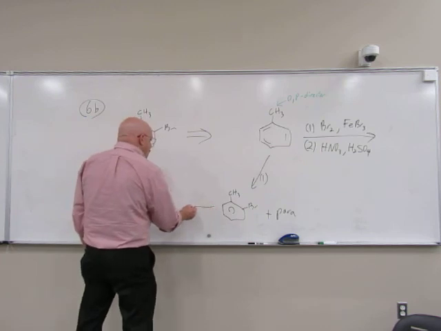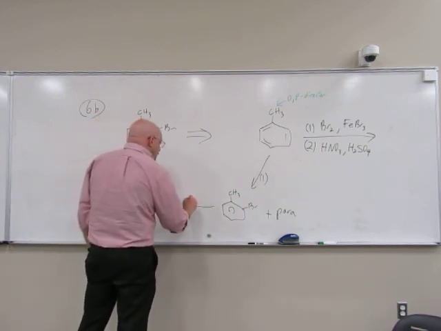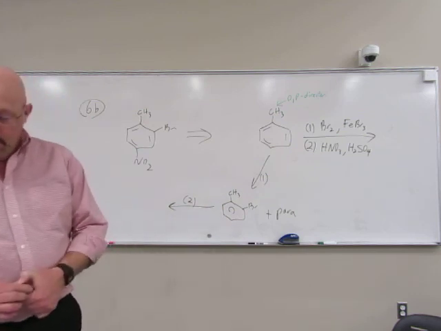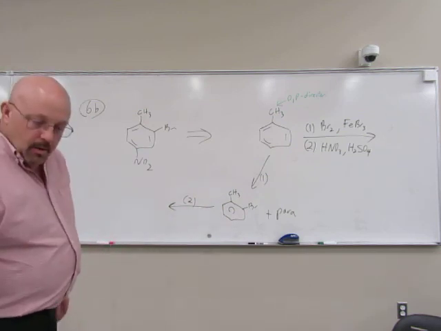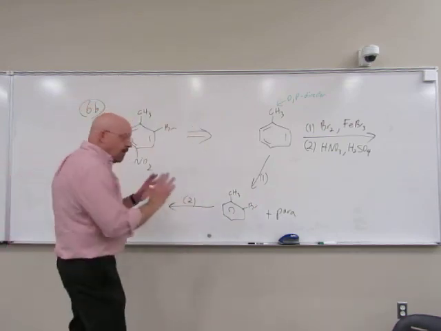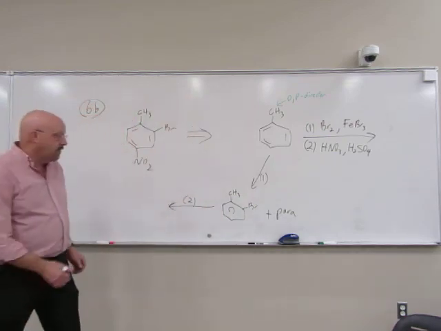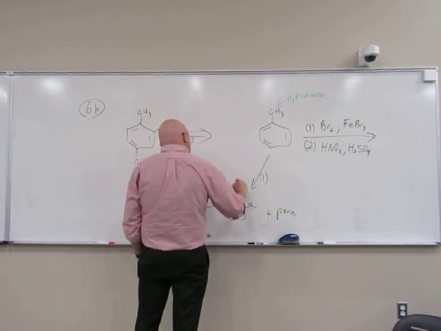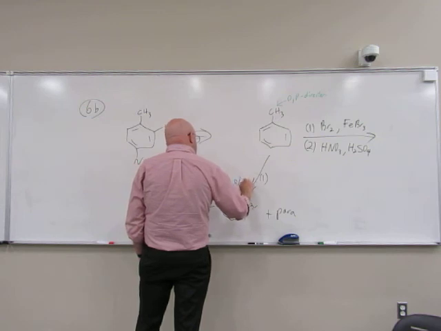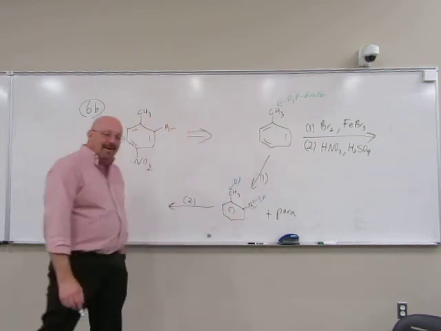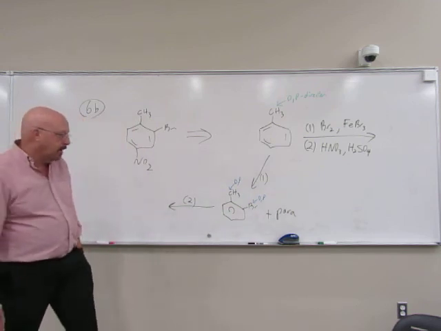So let's see if that works. To do step 2, does that put it in the right position? Okay, so one of the groups already on there is going to direct the nitro as to where to go. The methyl group is an ortho-para director. Bromo is also an ortho-para director. That didn't help us, but what's important is the activating abilities.